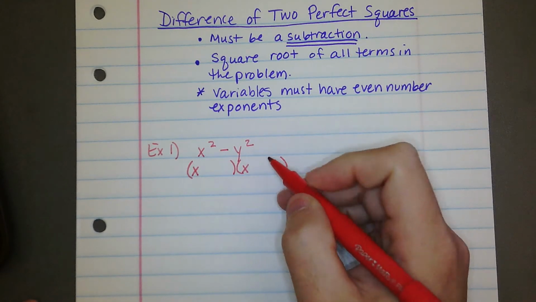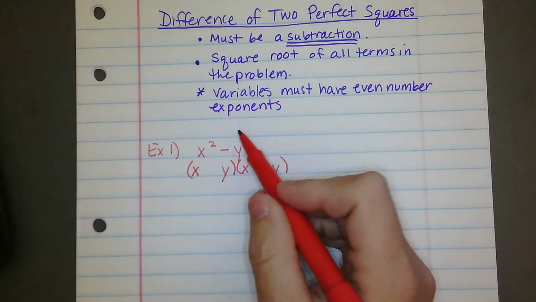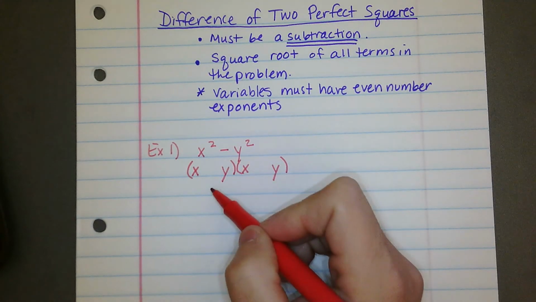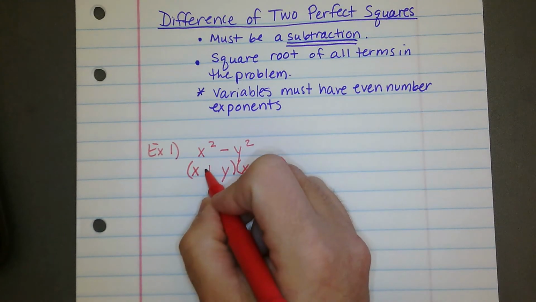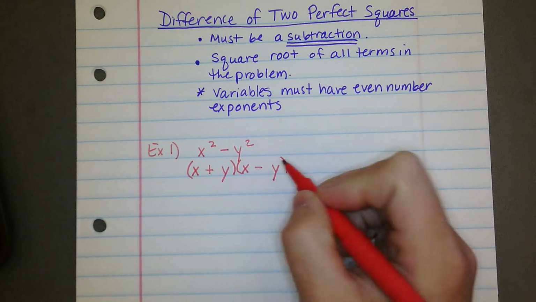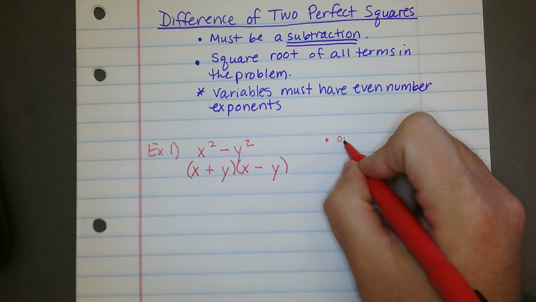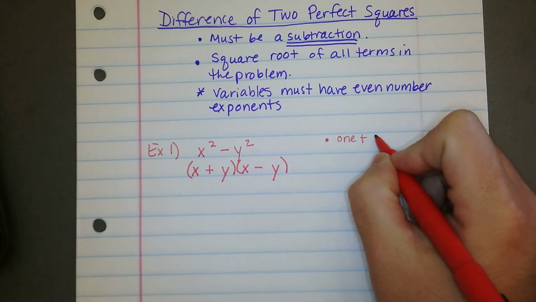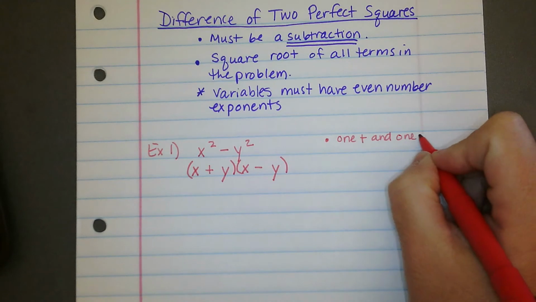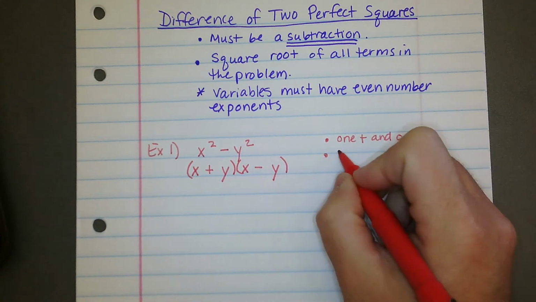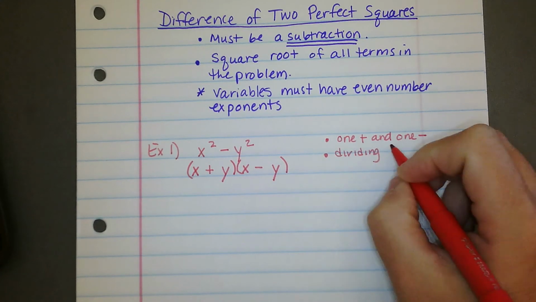Similarly, y squared would be y times y. The last piece you need to recognize is that the minus sign means that when you're multiplying, you have to have opposite signs. So one's going to be a plus and one's going to be a minus. So recap, make sure that you have one plus sign and one minus sign. Also, make sure that you're dividing your exponents in half.